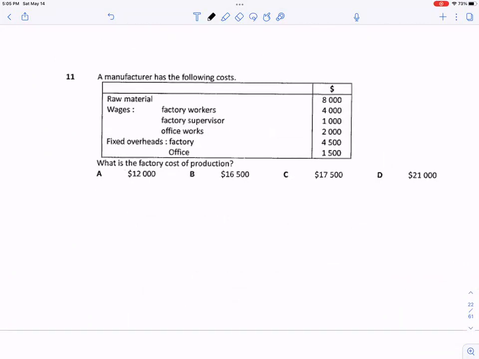Manufacturing cost, factory cost of production. In a factory, everything related to the office is not taken, so whatever is related to the office, you will remove.